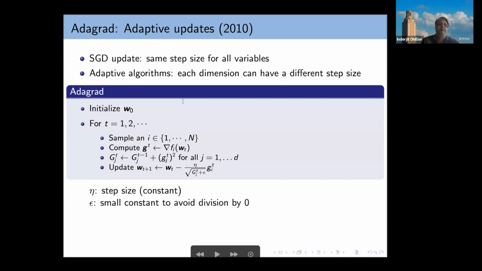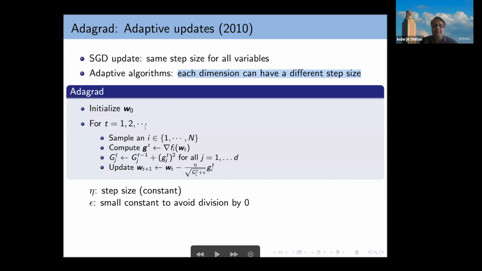AdaGrad, as the name implies, is adaptive gradient. So what do we mean by adaptive gradient? What an adaptive algorithm does is that each dimension can have a different step size.